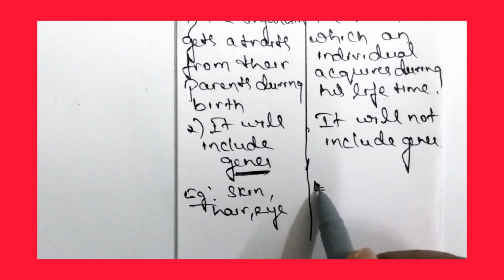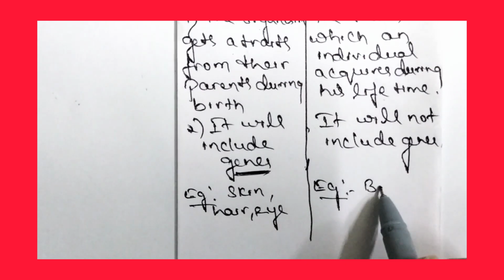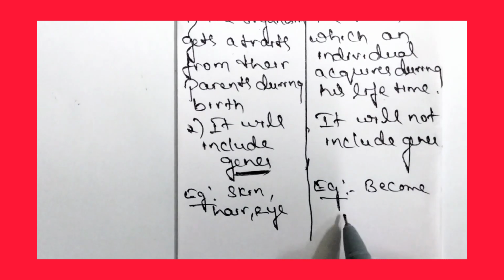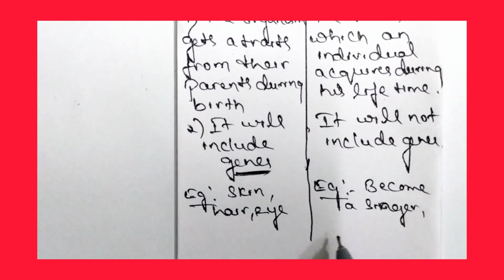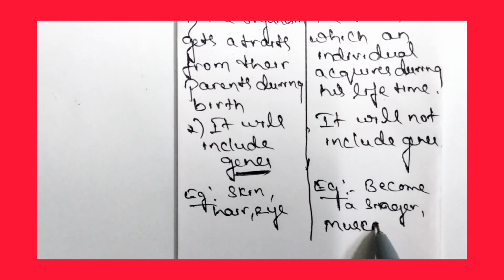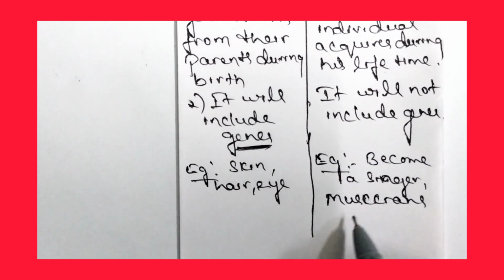Then what are the examples for acquired traits? Becoming a singer, becoming a musician, or he can become a knowledgeable person.